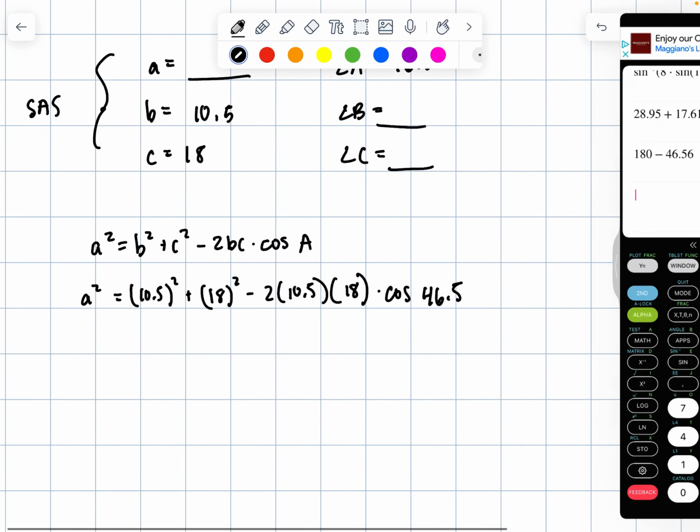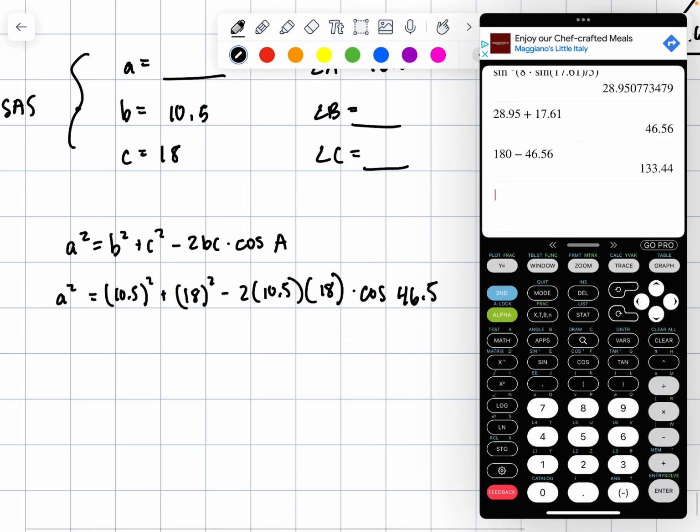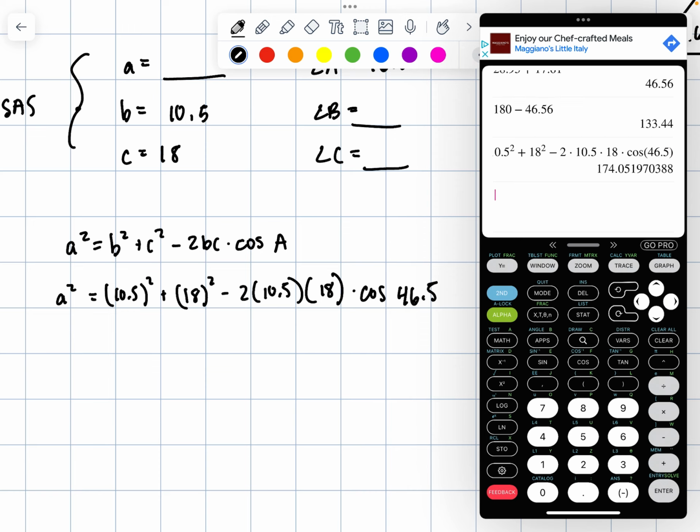And the nice part here is you could actually just plug this into your calculator as you see it. 10.5 squared plus 18 squared minus 2 times 10.5 times 18 times cosine 46.5. All of this can be plugged into your calculator right away, and you should get this value.